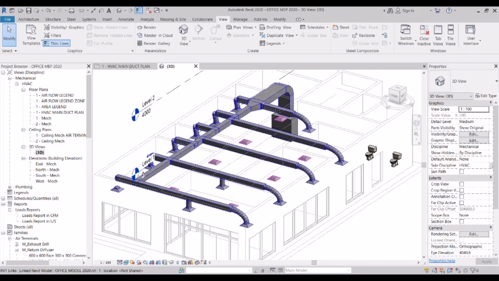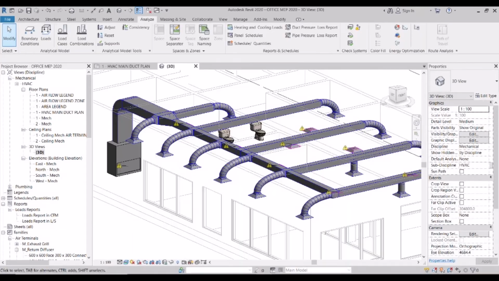Then we design the HVAC system, and we should design the size, the airflow, the temperature, and the humidity based on the room's purpose.